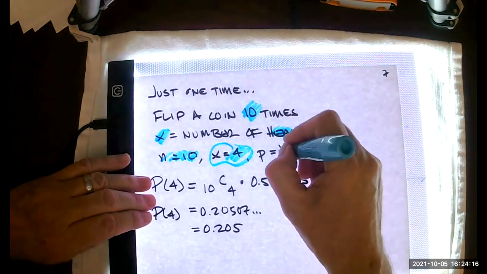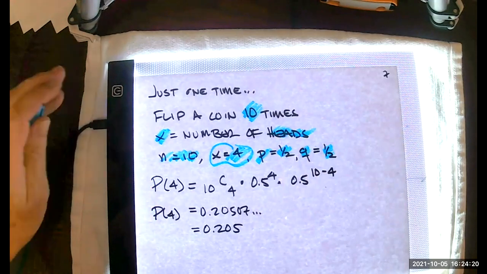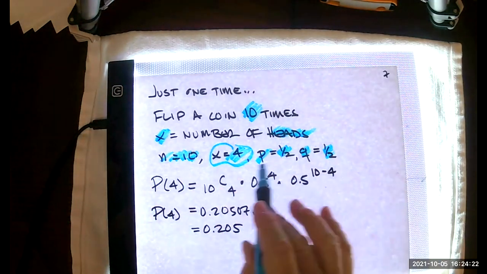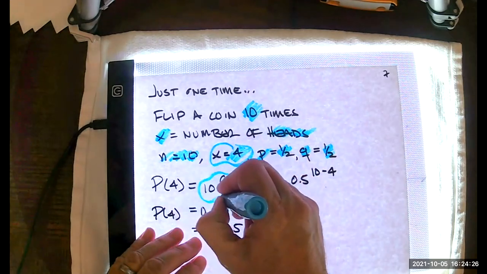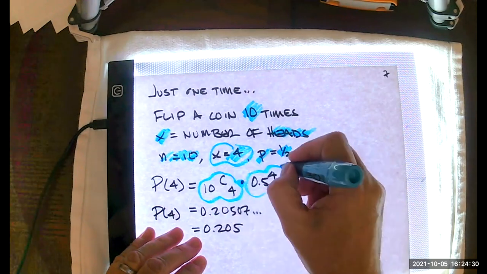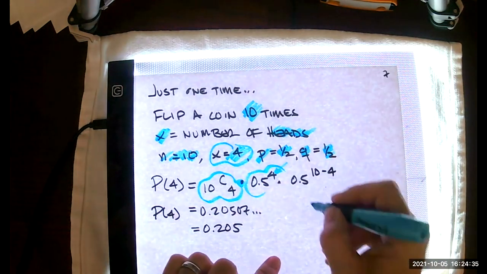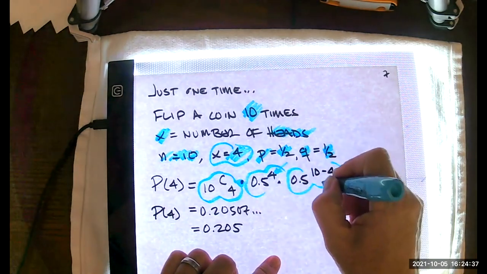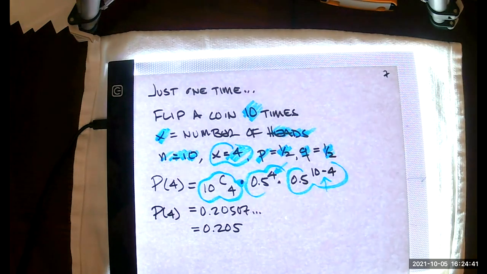I know how coins work, so I know P and I know Q. When I plug that into the formula, I've got 10 choose 4 times P raised to the number of successes, and then I've got Q raised to the number of N minus X failures. I've got a value here.